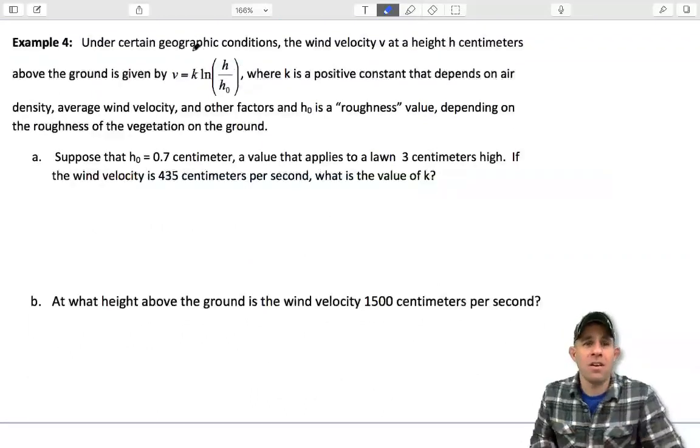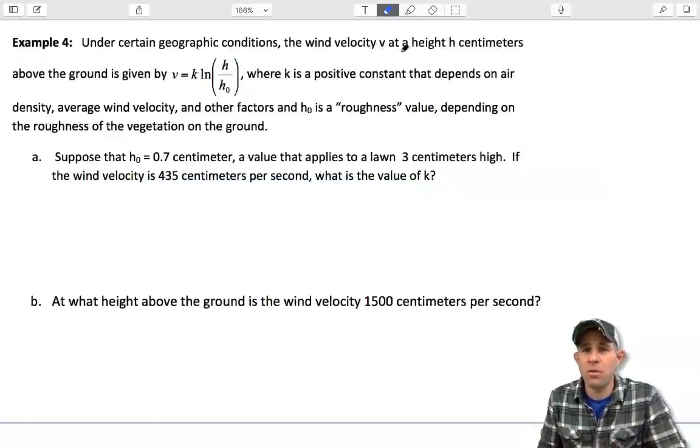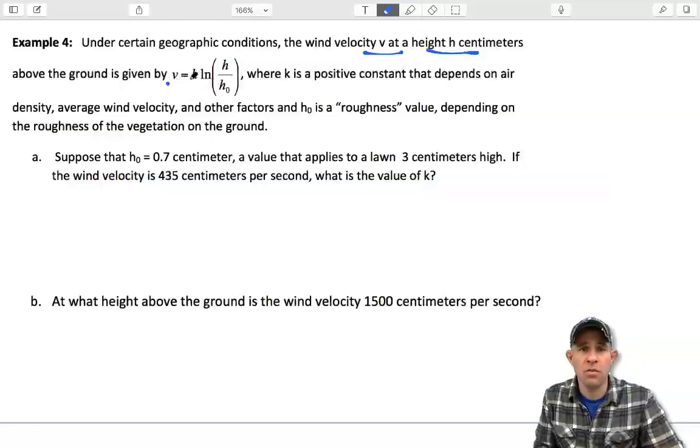Example 4 says, under certain geographic conditions, the wind velocity v at height h centimeters above the ground is given by this formula: velocity equals k times the natural log of h over h sub 0, where k is a positive constant that depends on air density, average wind velocity, and other factors.